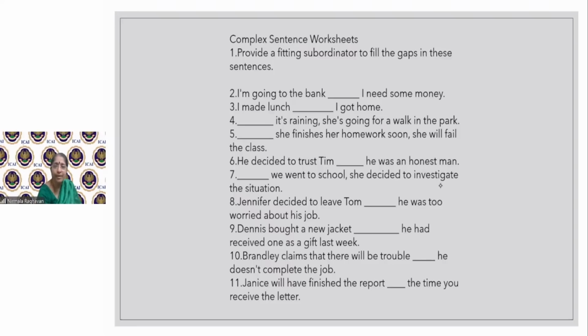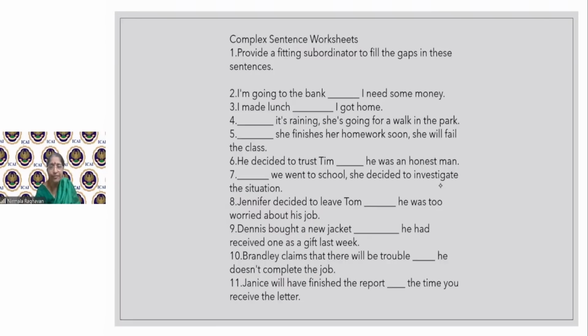Although it's raining, she's going for a walk in the park. Although she finishes her homework soon, she will fail the class. He decided to trust him because he was an honest man. As soon as we went to school, she decided to investigate the situation.